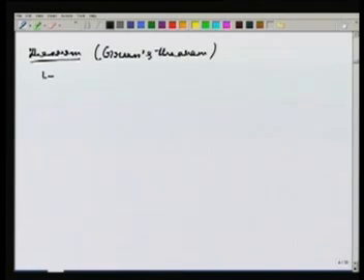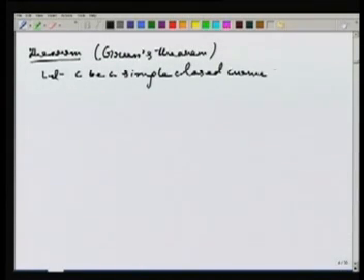Let C be a simple closed curve of finite arc length. In applications, you will always see that this condition will be given to us.